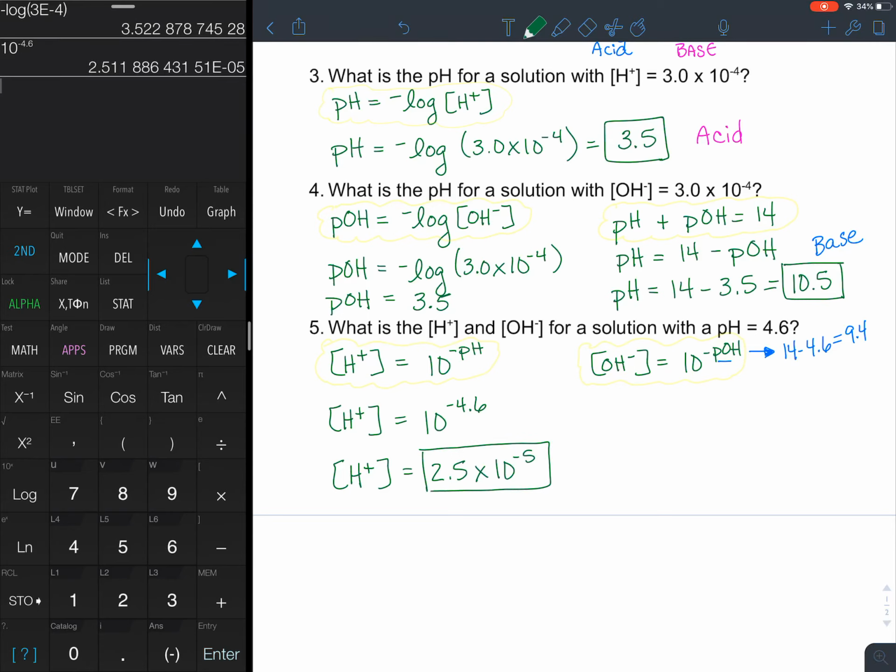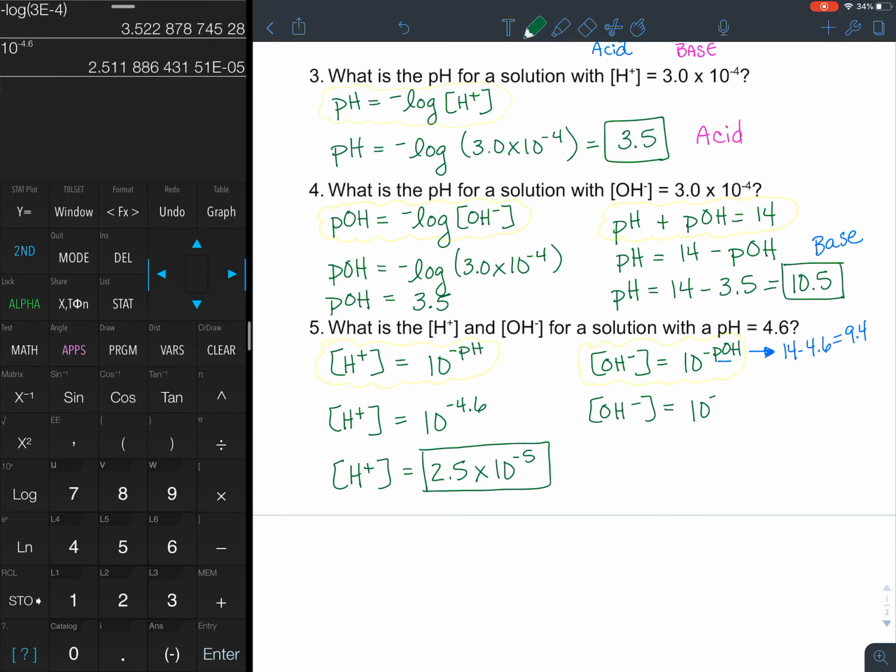And then I want to find out my hydroxide ion concentration. So OH minus is equal to 10 to the negative pOH. Let's go ahead and plug in the value that we have, which was the negative 9.4.